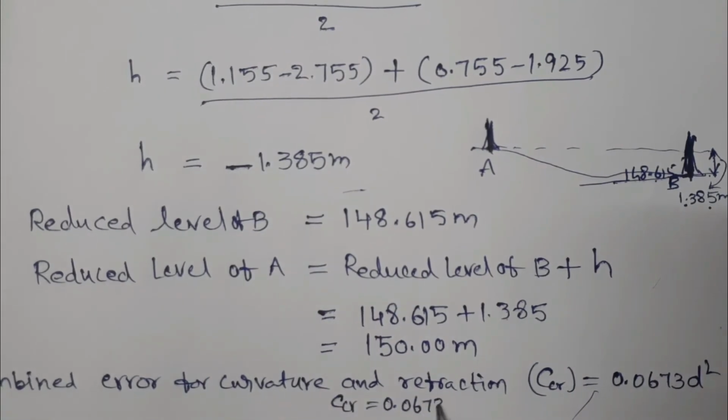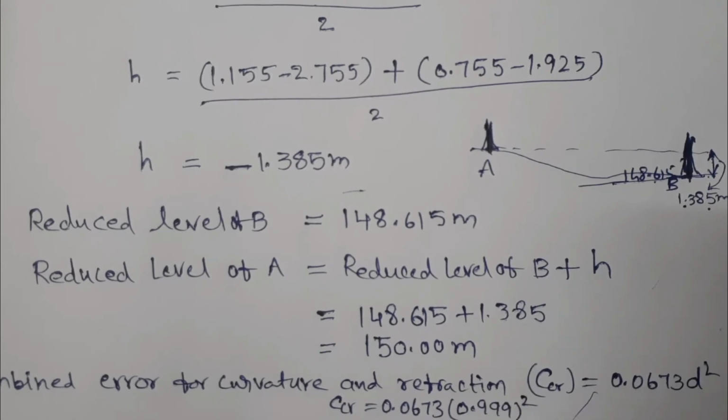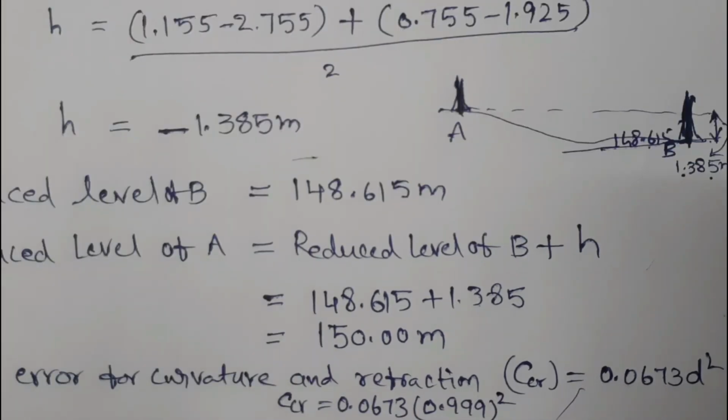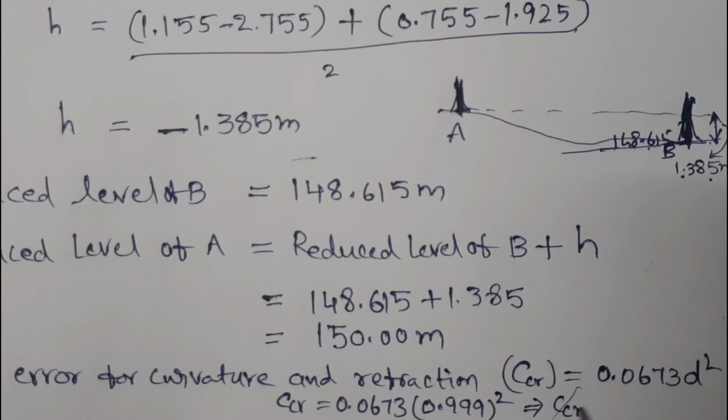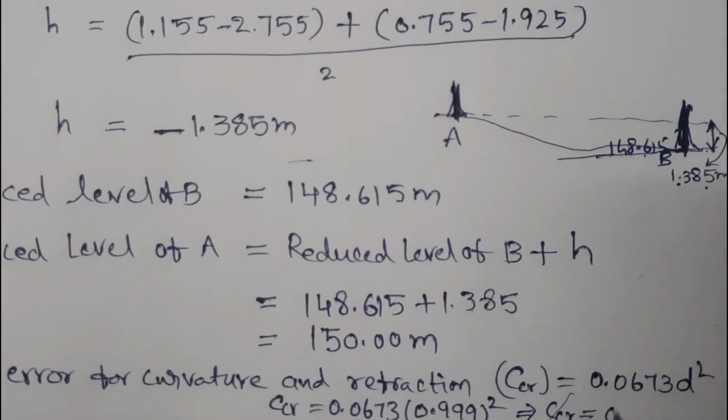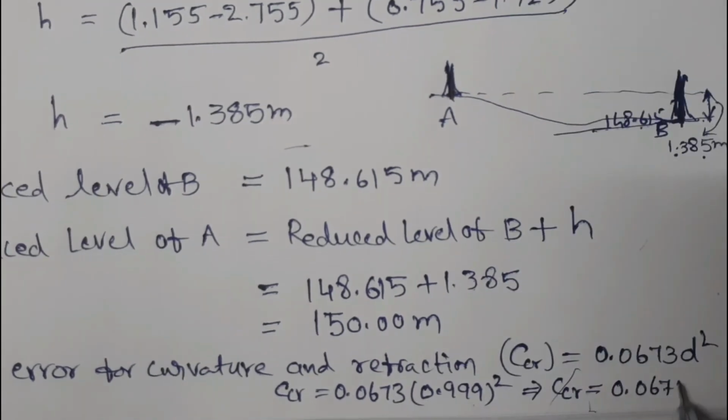So 0.0673 times 0.999 whole square. We have to take the distance between A and B in kilometers. Therefore, the correction due to curvature and refraction is equal to 0.067 meters.